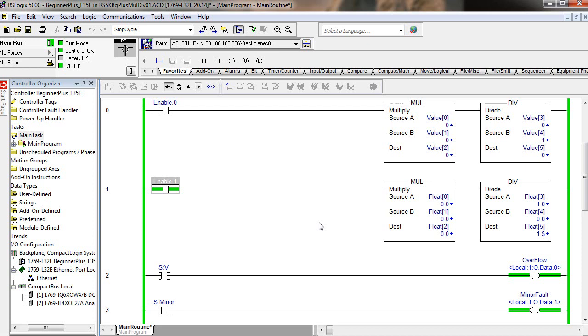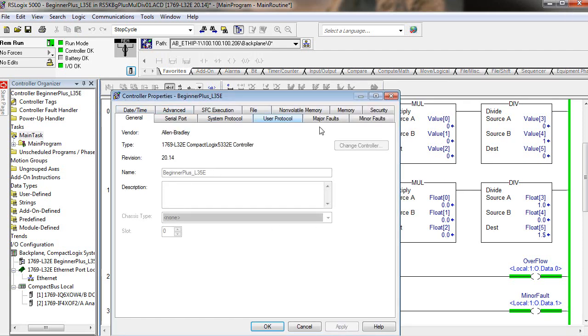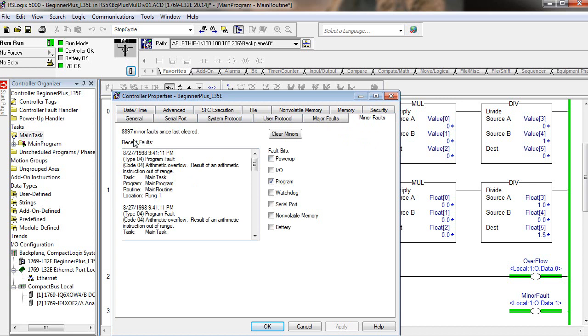For further clarification of the minor status bit, open your controller properties and select the minor faults tab. You can see here that we have minor faults added and cleared at about the rate that I told you, about 5,000 a second. So you see it's accumulating up to a maximum value and then clearing that register. So if I click clear minors, it clears a bit.